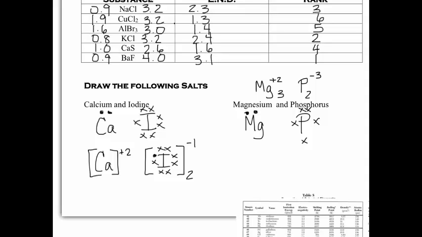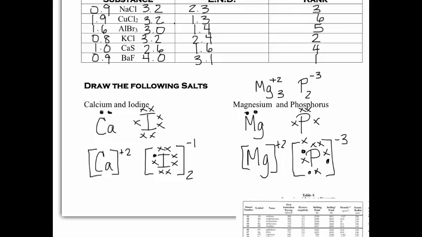Or you could actually figure it out based on how to find homes for all of the electrons. So we have magnesium now losing both electrons, so it ends up being a +2. And then phosphorus is going to gain 3 electrons. The least common multiple of the +2 and the -3 is 6, meaning that you're going to need to have 6 electrons exchanged.